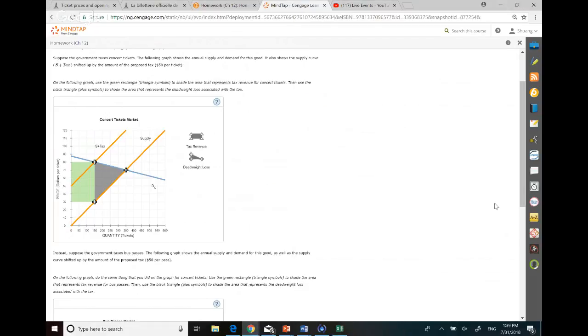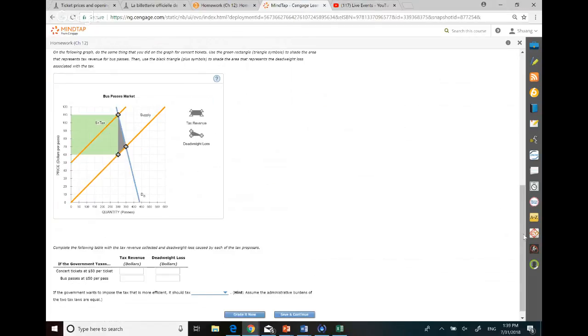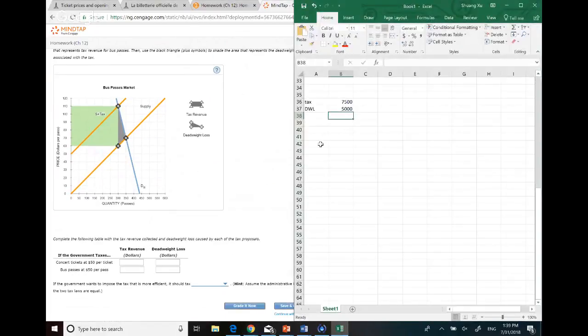Okay, and then for the next one, our tax and deadweight loss. How much is our tax revenue? This would be the vertical difference, 110 minus 60, times the horizontal difference, which is 300. That's your tax revenue.